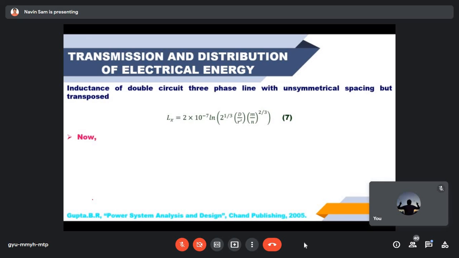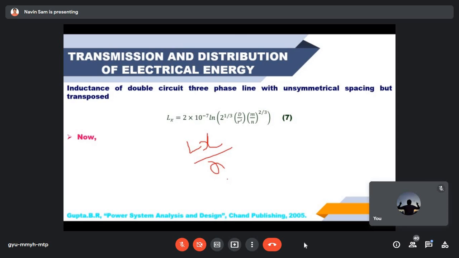So Lx is the inductance of conductor X. There are two conductors per phase, X and X dash. These two conductors are connected in parallel and are assumed to be identical in nature. Hence, the per phase inductance of the circuit will be equal to the conductor inductance divided by 2.